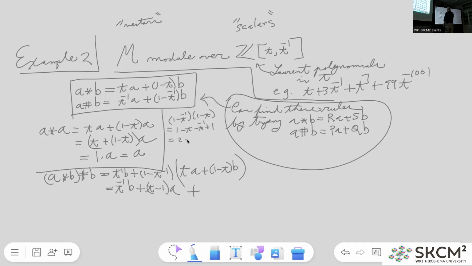Going to be 2 minus T inverse. So plus 2 minus T inverse applied to B. So let's see here.